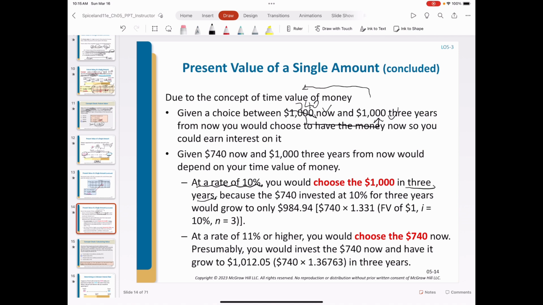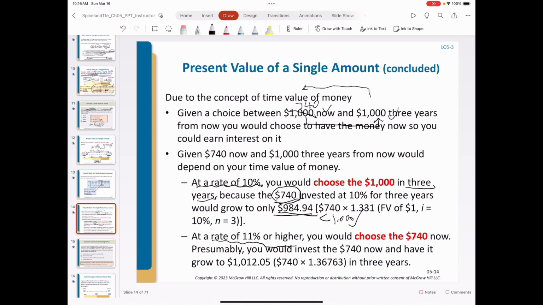So the 740 now will accumulate to $985. That means the future value of 740 will be $985, which is less than the other option, $1,000. So then you may prefer the second option because it has greater value.